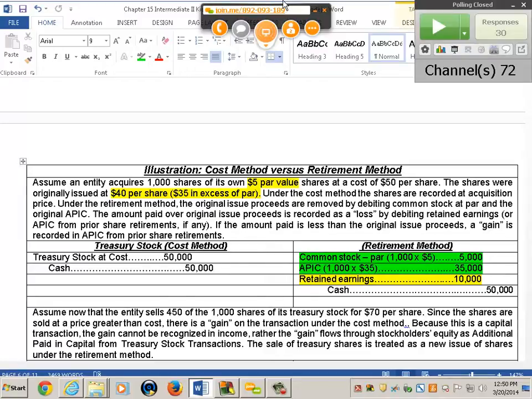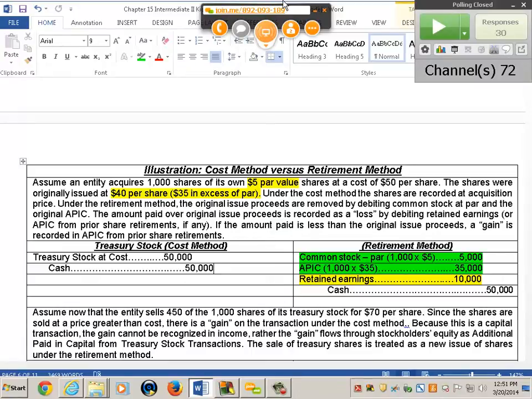Why does the loss go into retained earnings? I'm just going to show you with a T account. There's no balance here. You have no paid-in capital.